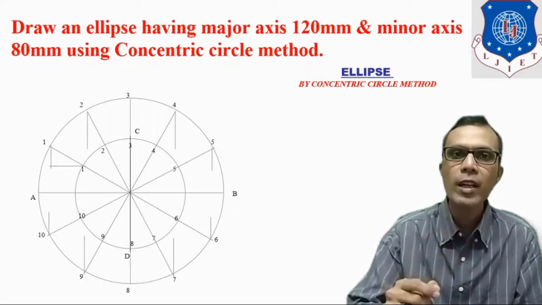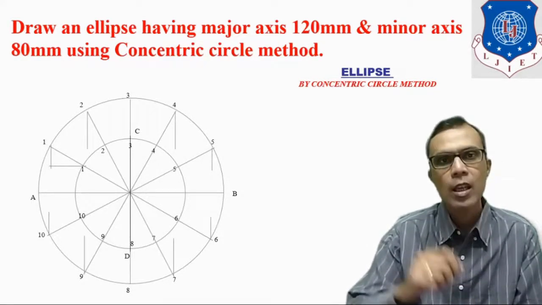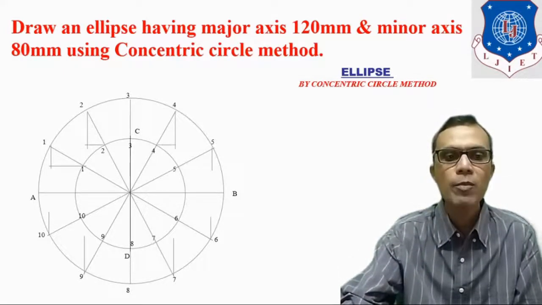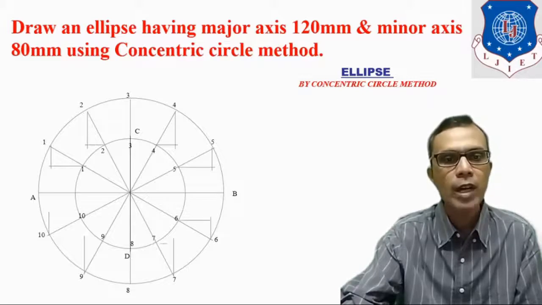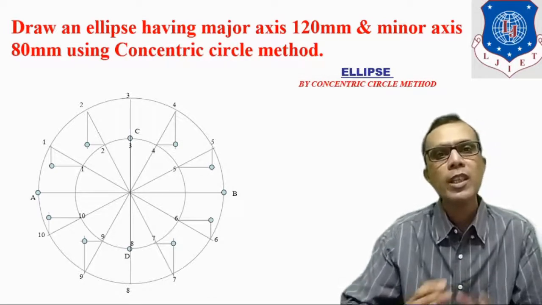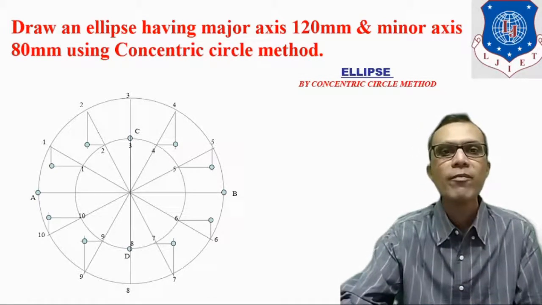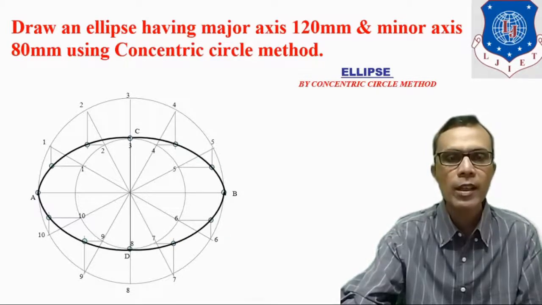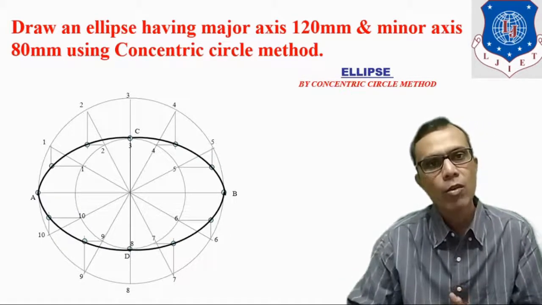From each and every division of the inner circle, we have to repeat the similar procedure. All the intersecting points are the required points of the ellipse. So these are the required points of the ellipse, and then we have to join all these points with a smooth freehand curve. Once it becomes proper, then we have to make it thick or darker.